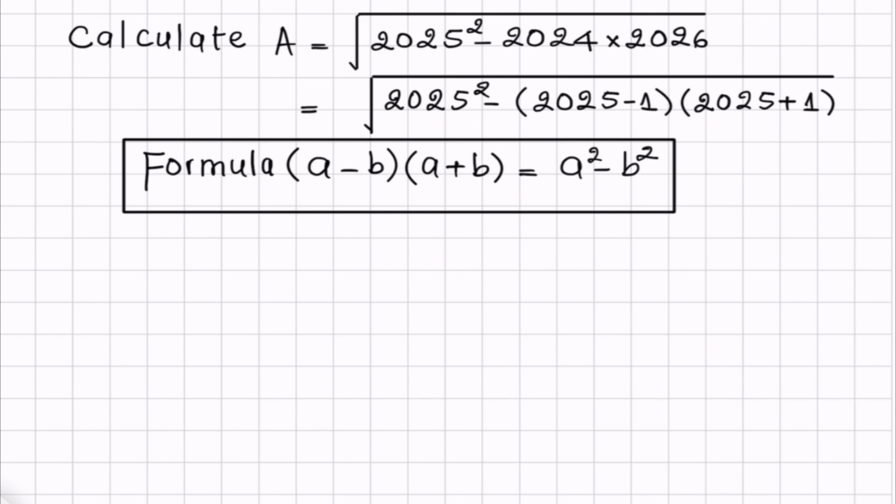Alright, so then a will be equal to the square root of 2025 squared minus 1 squared.